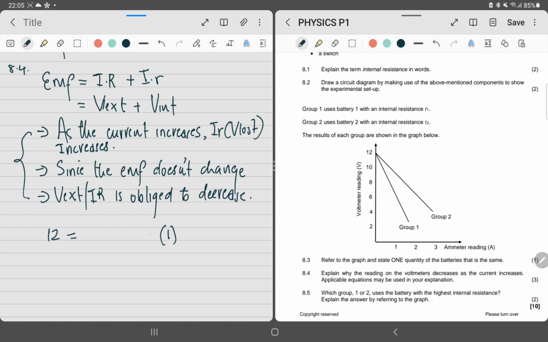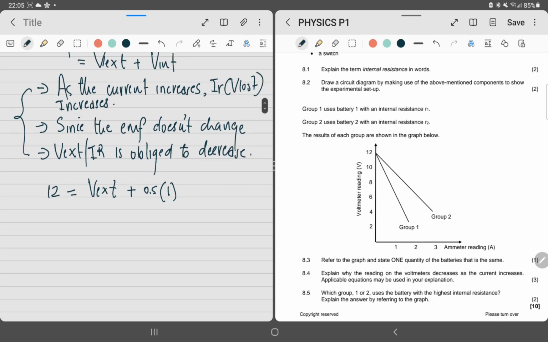So let's just say the current here was 0.5, and then this was V external. So for this part, V external is going to be 12 minus 0.5. So I'm getting 11.5. This is V external.